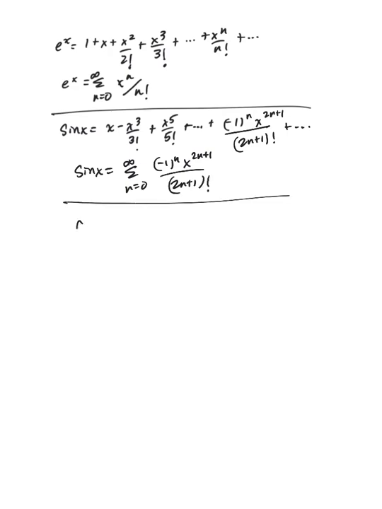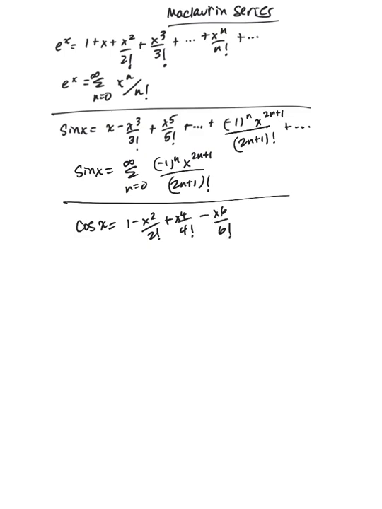Then we had cosine x. These are Maclaurin series, all right? Just so we have cosine x, 1 minus x squared over 2 factorial plus x to the 4th over 4 factorial minus x to the 6th over 6 factorial plus dot dot dot.